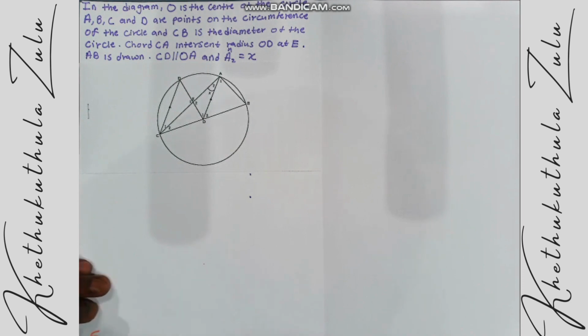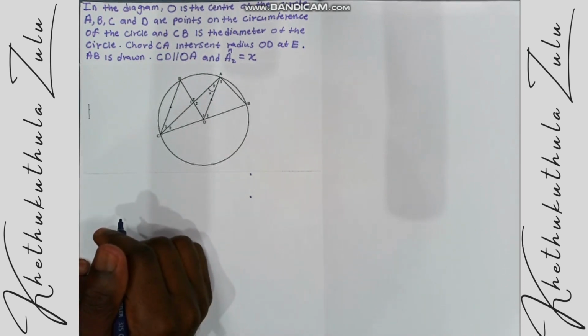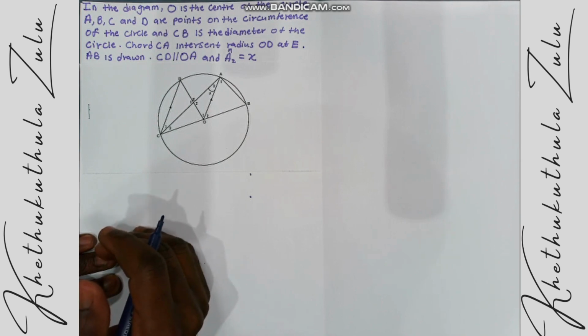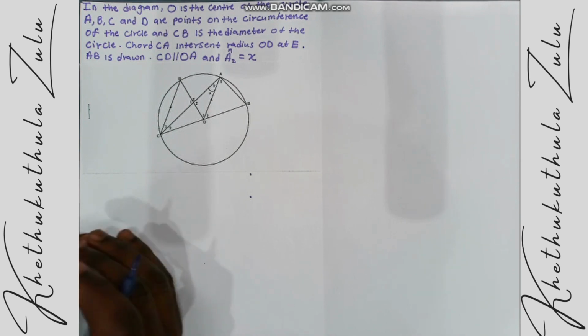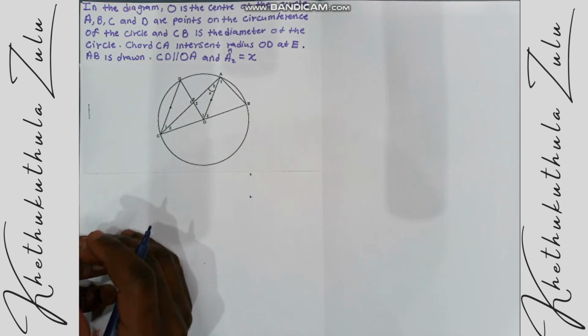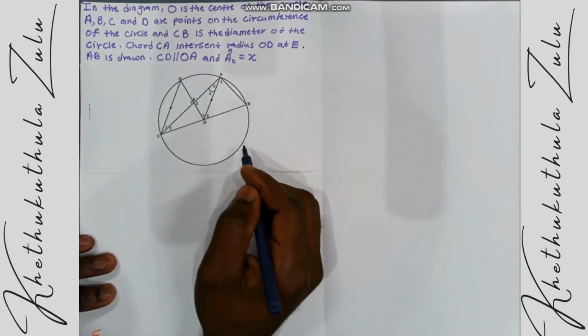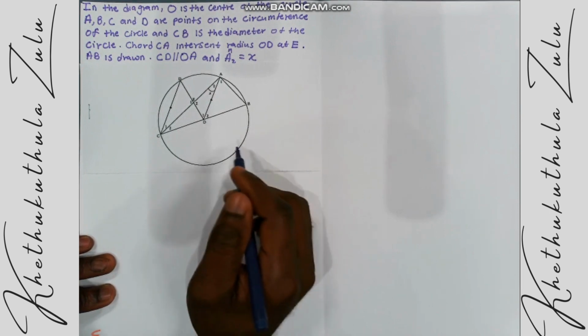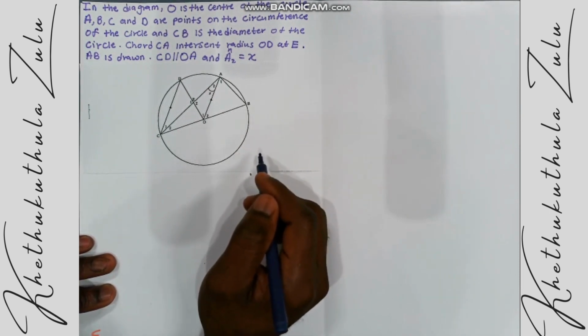What is the statement saying? In this diagram, O is a center. If O is a center, there are things being said about it in theorem 1, theorem 2 and theorem 3. Somewhere, somehow, we're going to have some radius, and the angle at the center towards the angle at the circumference.